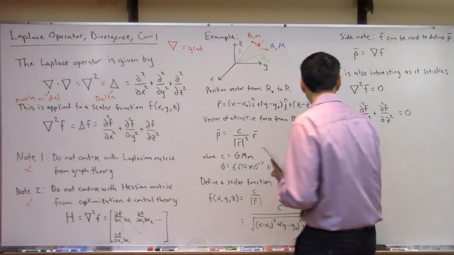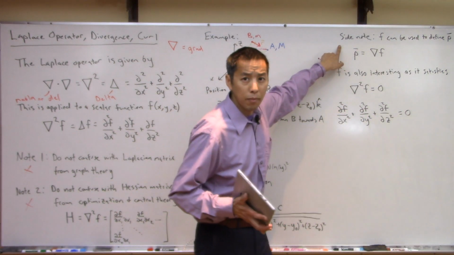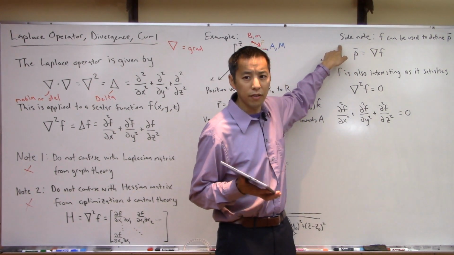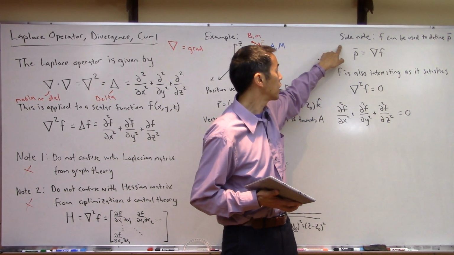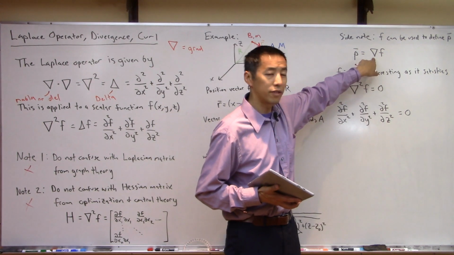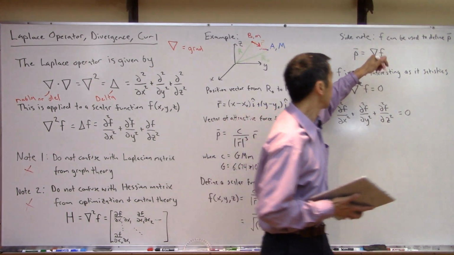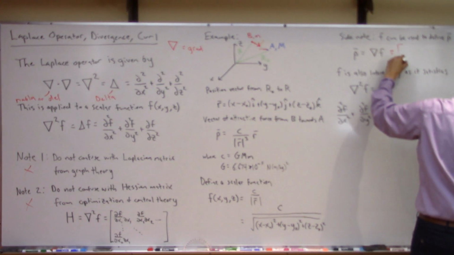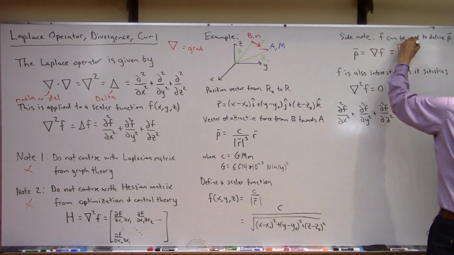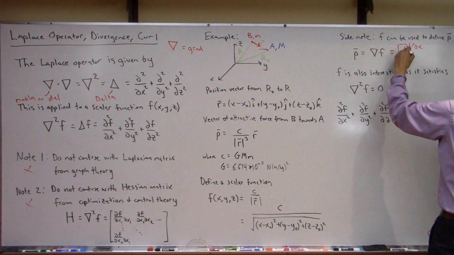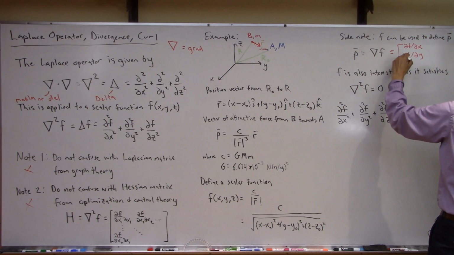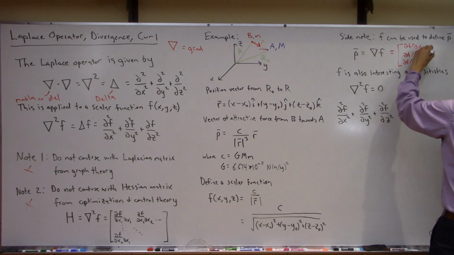What's interesting about this, as a quick side note, remember our discussion on the gradient of a scalar function? You can take the gradient of this function, which is just single del f. Remember, this is the partial of f with respect to x in the first entry, the partial of f with respect to y in the second entry, and the partial of f with respect to z in the third entry.